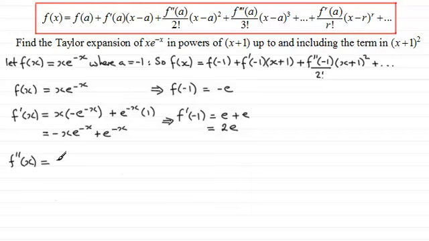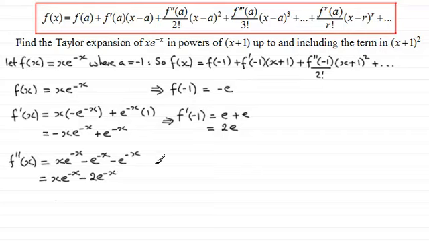So we're going to get xe to the minus x minus e to the minus x if we use the product rule on that first term. And then the differential of e to the minus x is going to be minus e to the minus x. And if we simplify this, we end up with xe to the minus x minus 2e to the minus x.